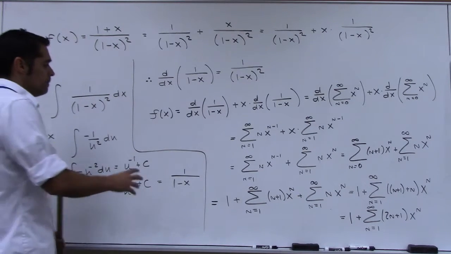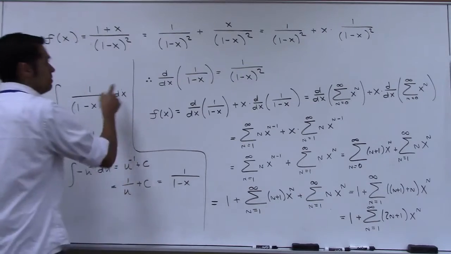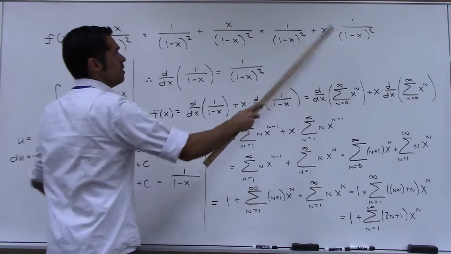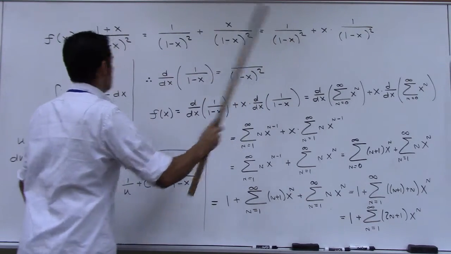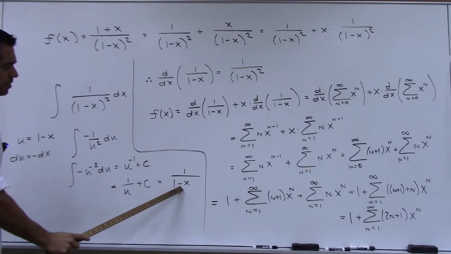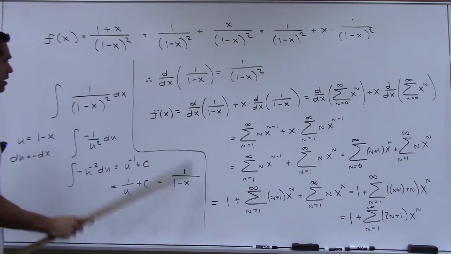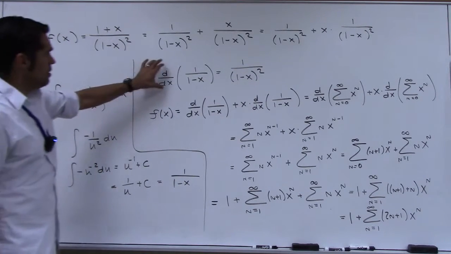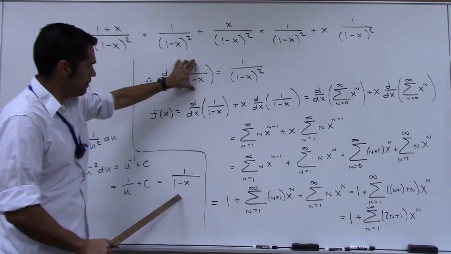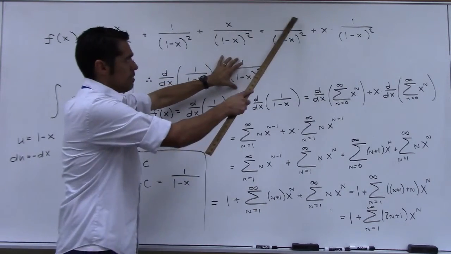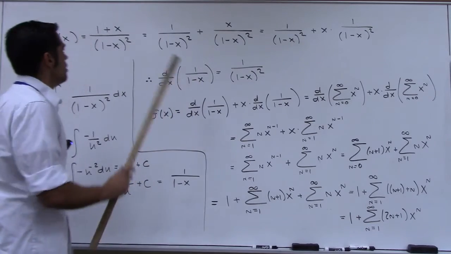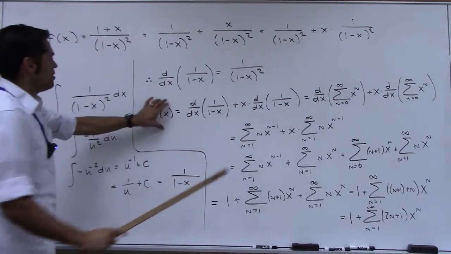Therefore, since the antiderivative of this is equal to this, that means the derivative of this is equal to that piece right there. So what I'll do now is rewrite this function, f of x.